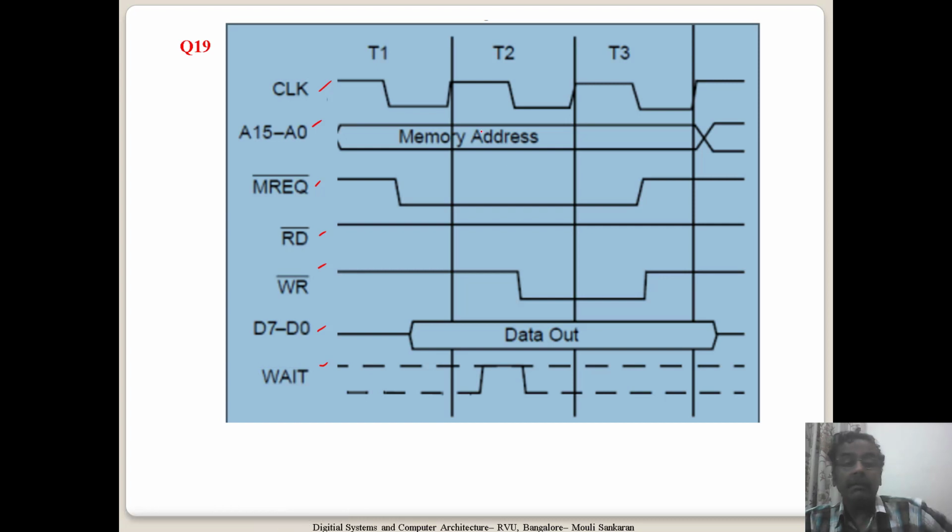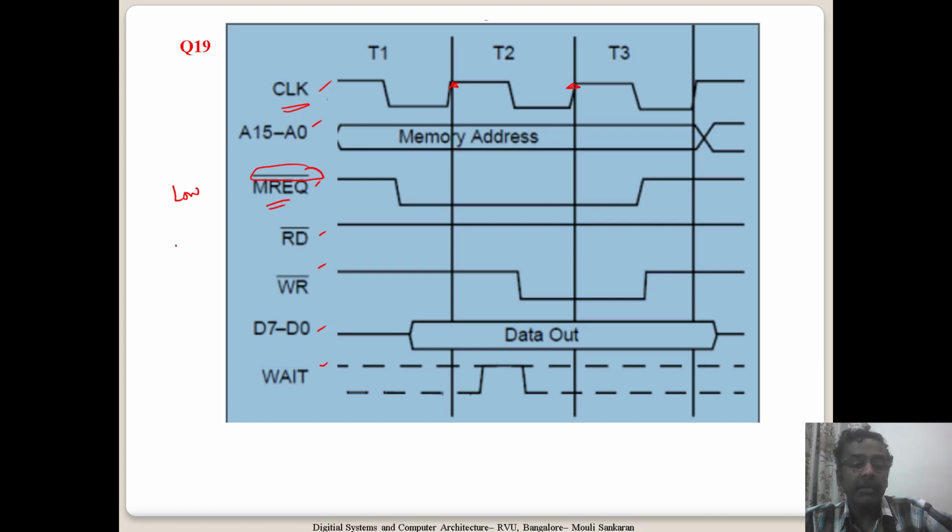But what you need to understand is how the signal is flowing, whether there is a bar or a hyphen, which marks an active low signal or an active high signal. Now you see here, the clock is given as a positive edge, so any changes happen during the positive edges, whereas memory request is an active low signal.